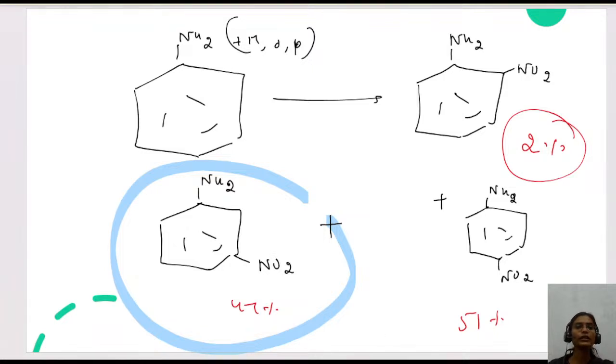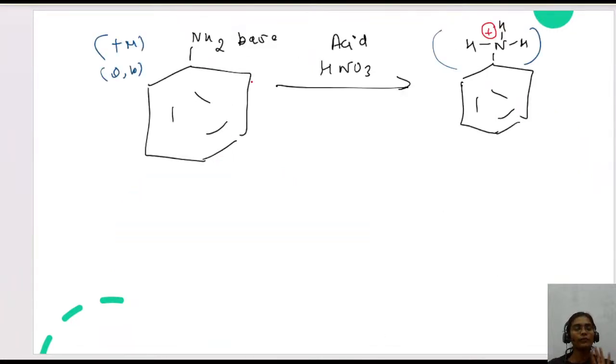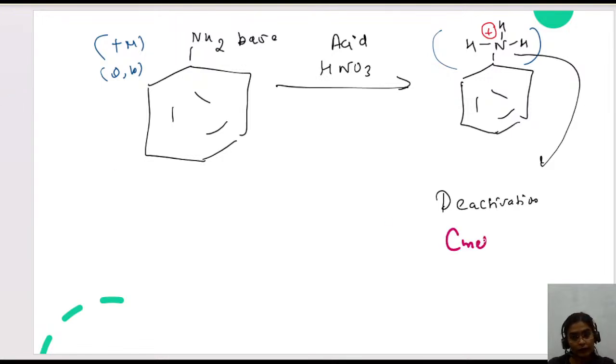So let's go again over what we're discussing here. NH2 is a base and HNO3 is an acid. As we know in organic chemistry, if we have a choice for an acid-base reaction, the acid combines with the base and the normal reaction has to happen. In this case, just because of the presence of positive charge on nitrogen, it behaves like a deactivating group, like a meta-directing group.